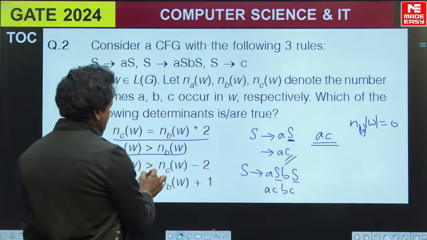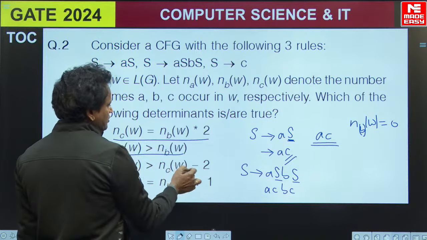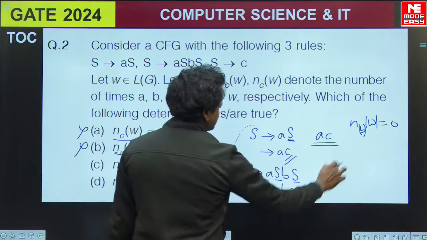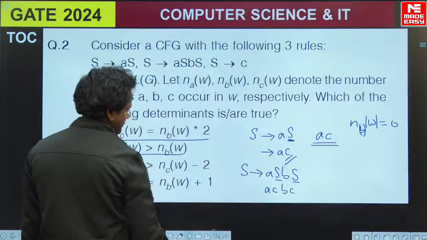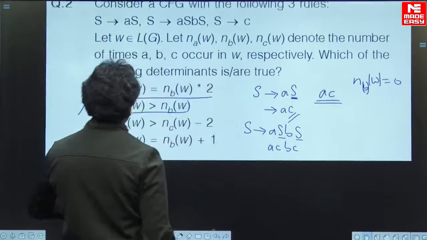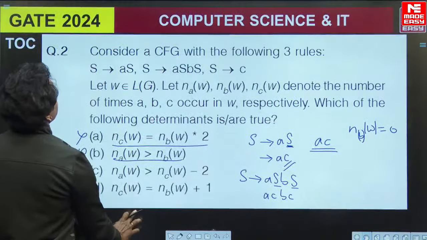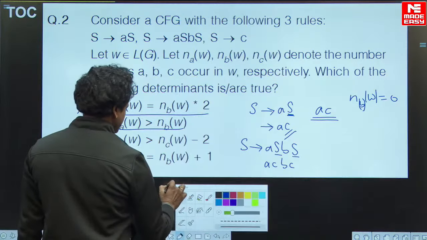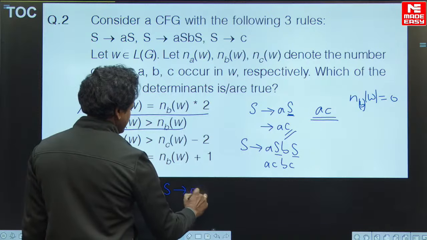So I am eliminating these options. Next, NA of W greater than NC of W minus 2. Let us go for this one. Yes, there is AS.